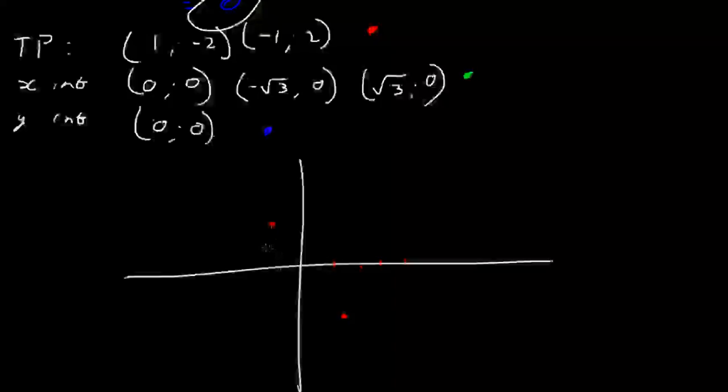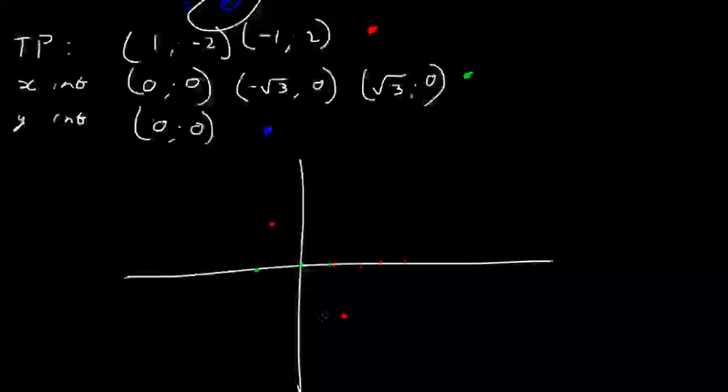Next, I'm going to draw in our x-intercepts, which are 0, 0, which is here, minus root 3 and 0. Now, if you don't know, minus root 3 is negative 1.73, which is roundabout here. And then we've got root 3 and 0. Root 3 lies more or less over there.